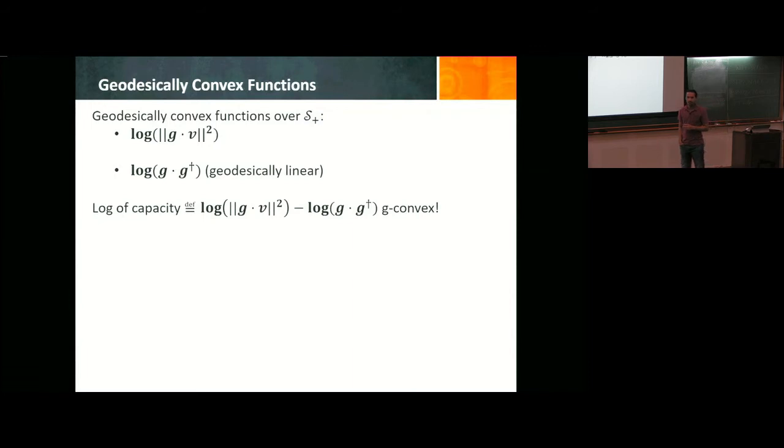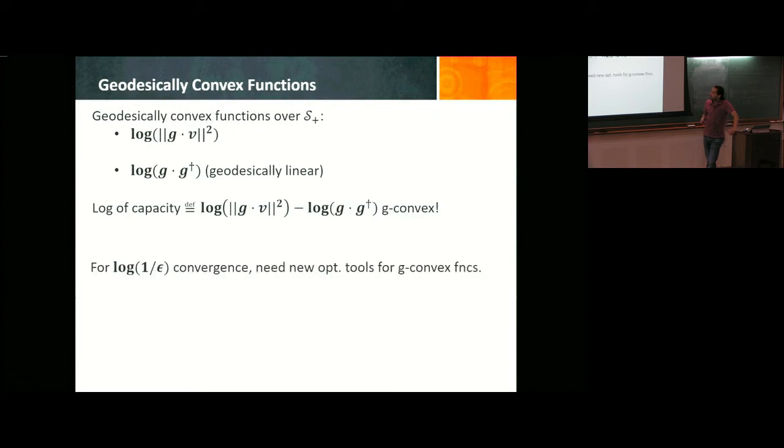So how lucky are we, right? Not that lucky, because other people already knew about this, implicitly. But we're really lucky, right? This is geodesically linear, so it turns out that this function here is geodesically convex. So now all we need to do is make a new algorithm for it.